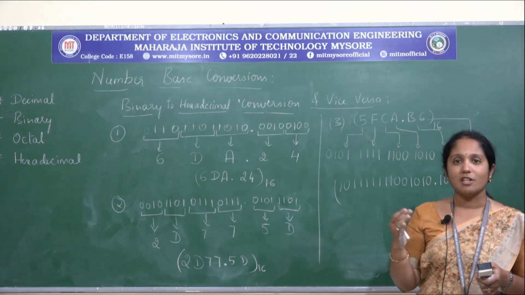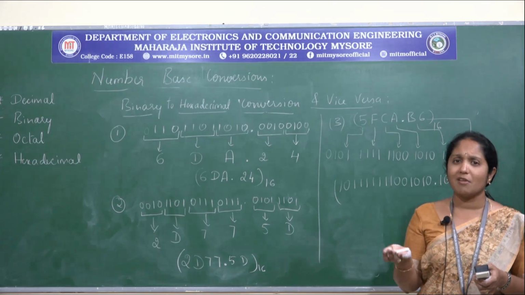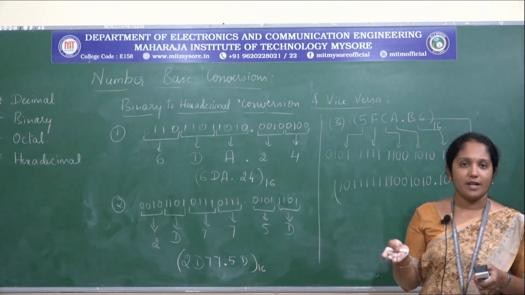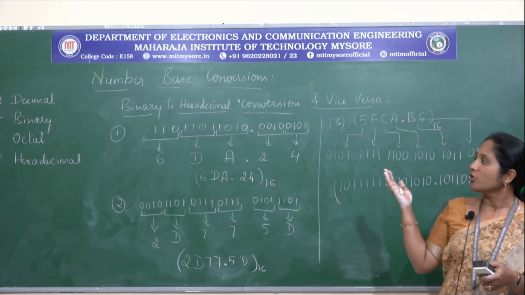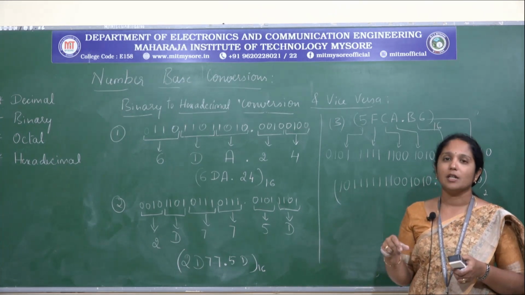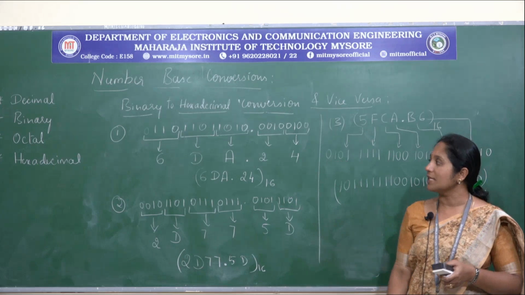The fraction will keep on continuing, therefore we need to stop at a point. Sometimes we may arrive at 0, or sometimes we may have to stop after getting 4 or 5 digits. Then we express the fractional part along with the part before the decimal point. So that is the procedure.